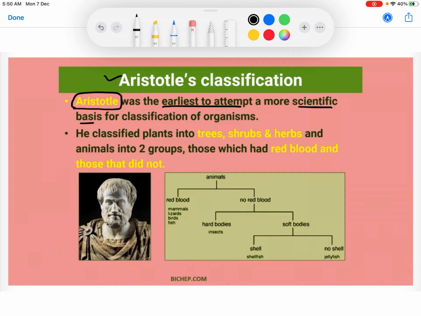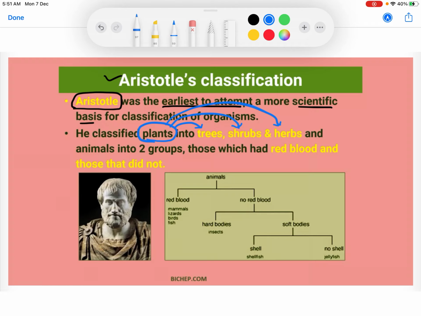Now what he did: he classified plants into three groups. Number 1, trees. Number 2, shrubs. And number 3, herbs.